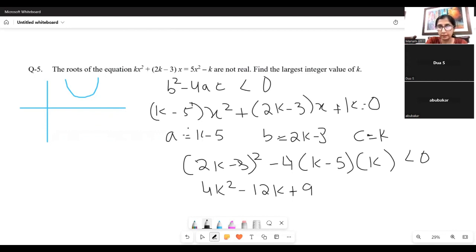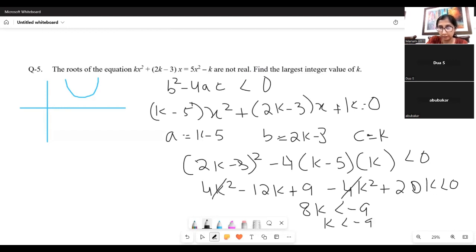And then minus 4k square plus 20k. So 4k square and minus 4k square get cancelled. Then we have 8k is less than minus 9. It looks like I did something wrong. k is less than minus 9 by 8.